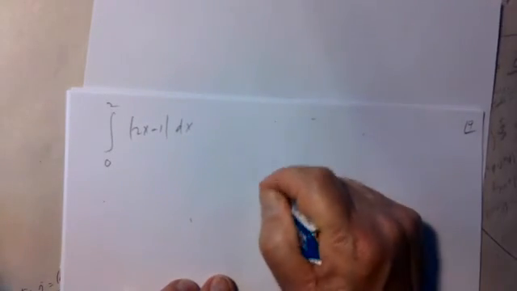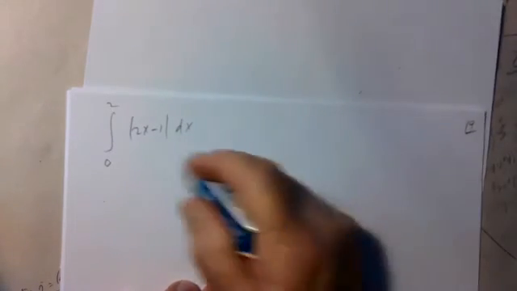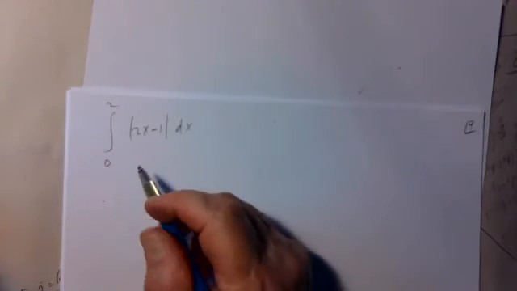Now, it's very hard to find an antiderivative of an absolute value. So we should really look at this function, y equals the absolute value of 2x minus 1. What does that look like?